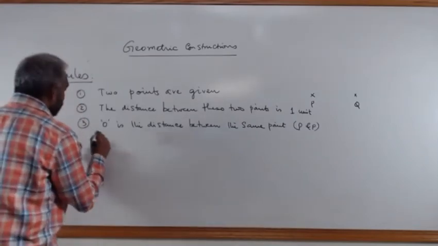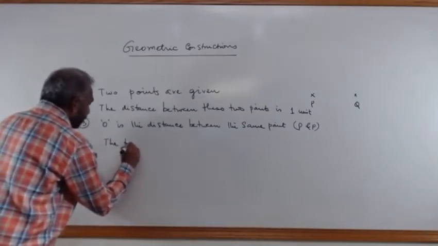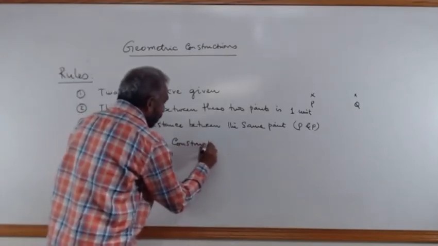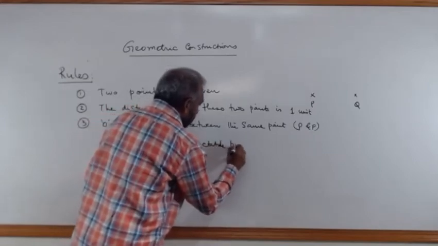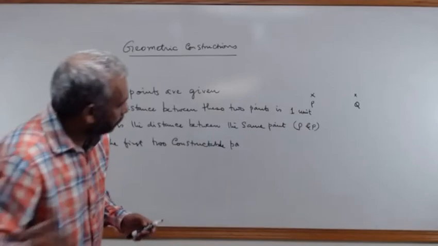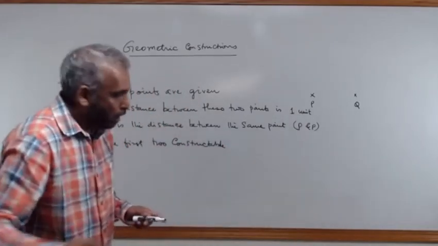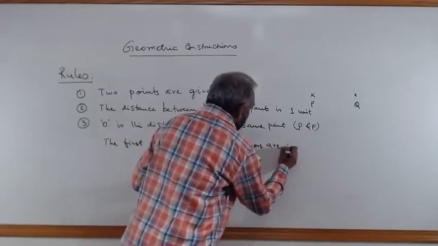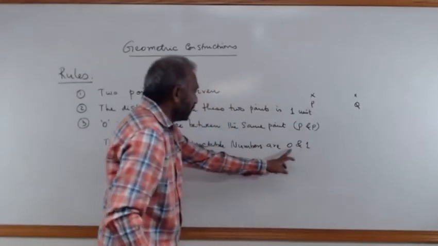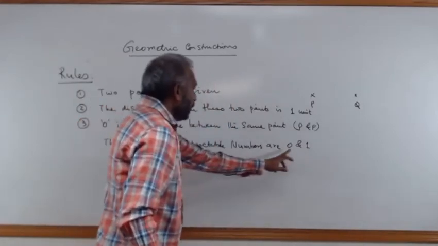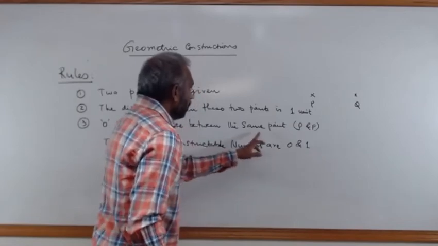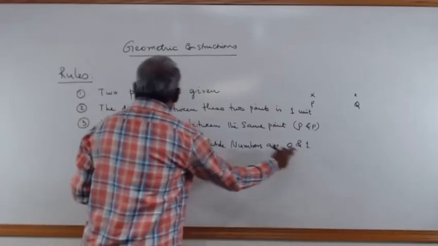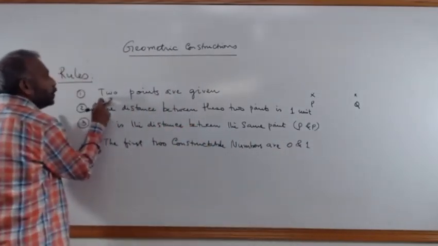So the first two constructible points or numbers are 0 and 1. 0 is obtained by finding the distance between the point and itself. And 1 is the distance between the given two points.